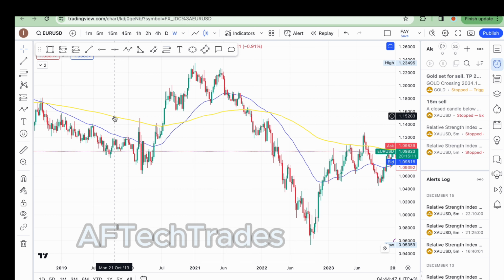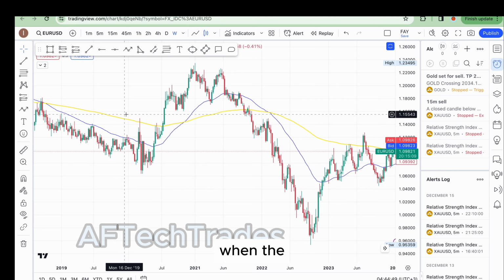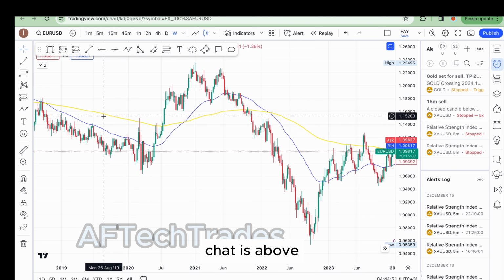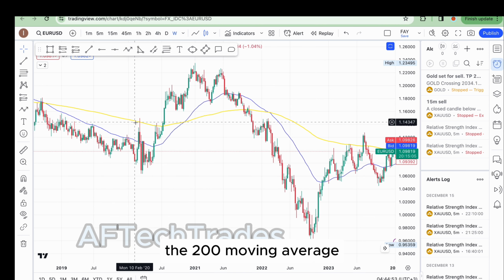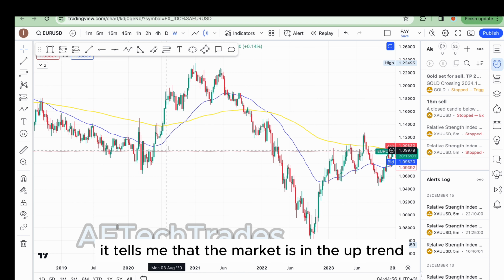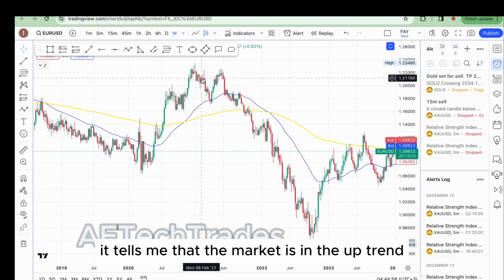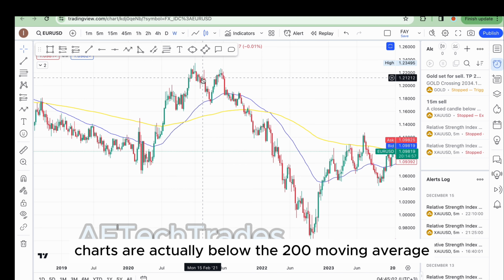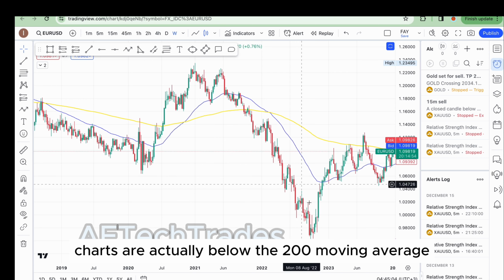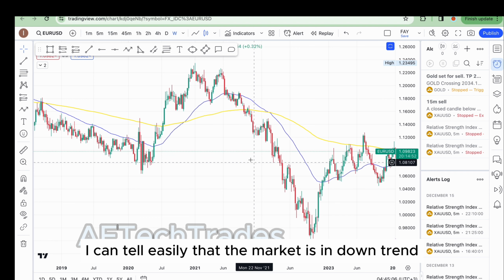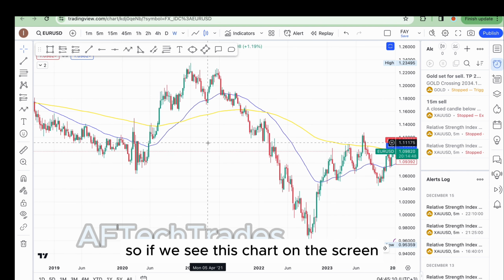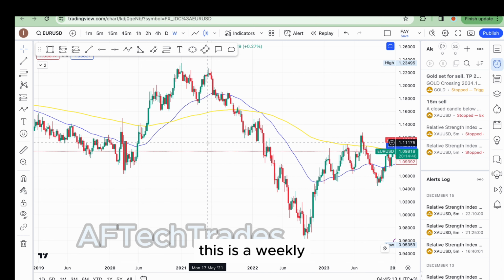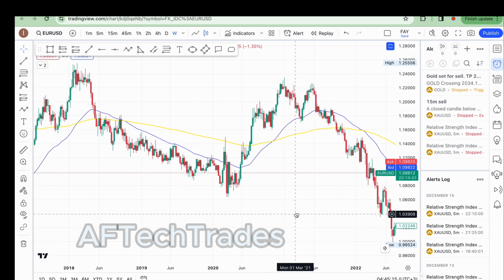So when the chart is above the 200 moving average, it tells me that the market is in the uptrend, and when the chart is below the 200 moving average, I can tell easily that the market is in downtrend. So if we see this chart on the screen, this is a weekly time frame.